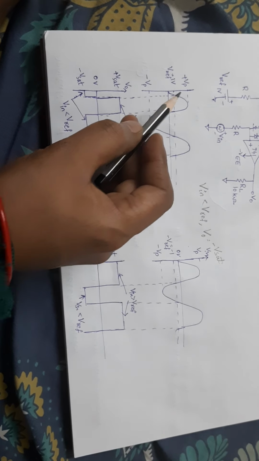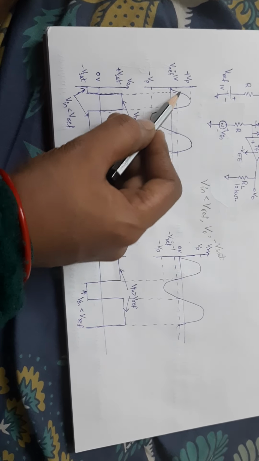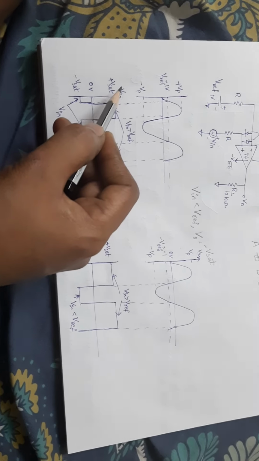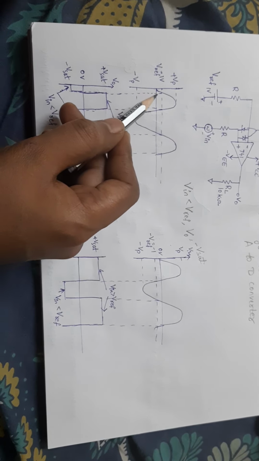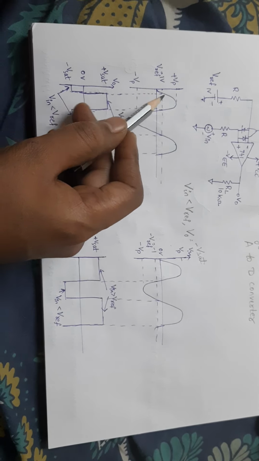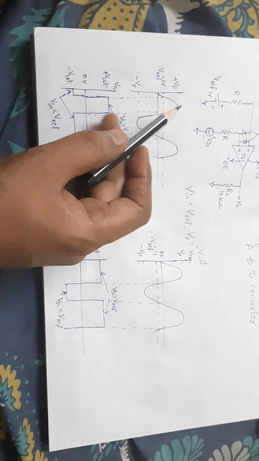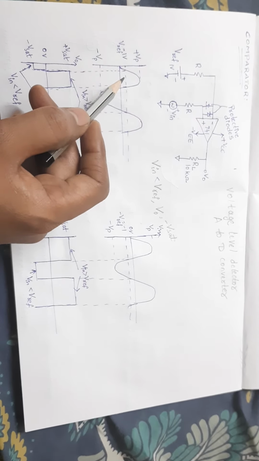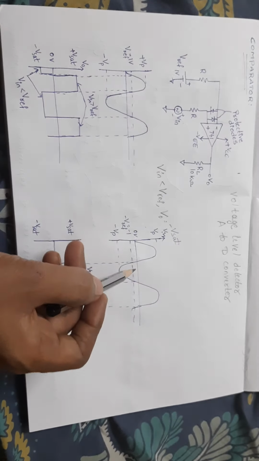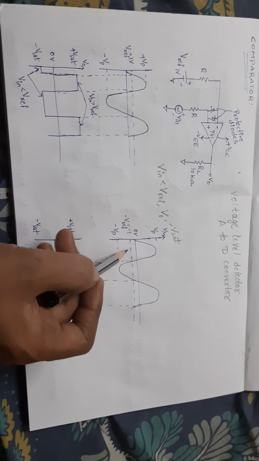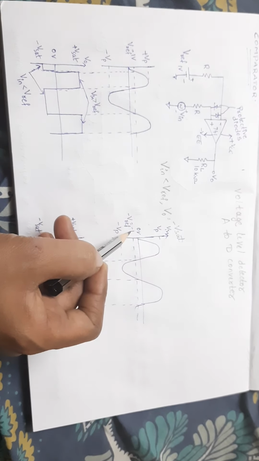Whenever Vin crosses this reference voltage, see here, in this figure, in these waveforms, we have a positive reference of 1 volt, and in this graph we took the negative reference of minus 1 volt.